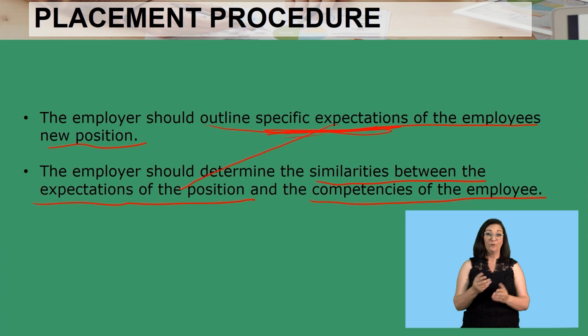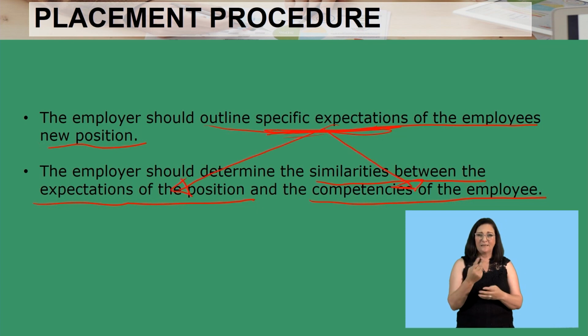With the expectations of the position. Remember in the first bullet, we said the employer is going to outline these expectations. So from these expectations, we now need to find the link. Is there a link between the expectations that we've outlined, the needs of the business, as with the competencies of the employee?